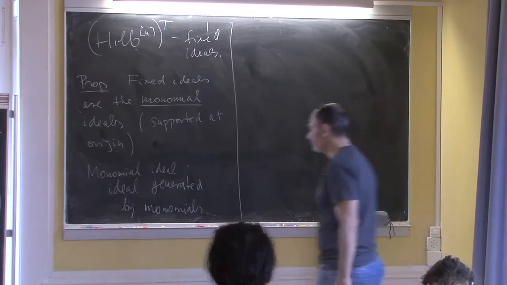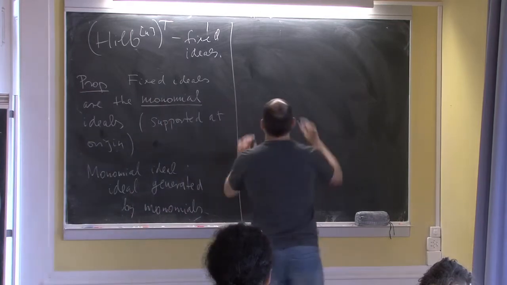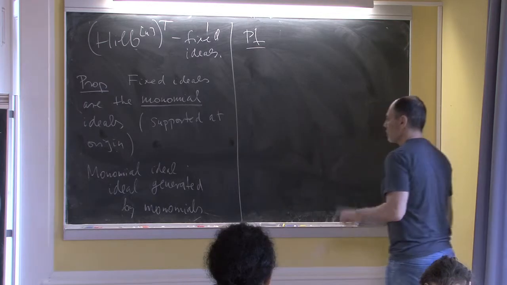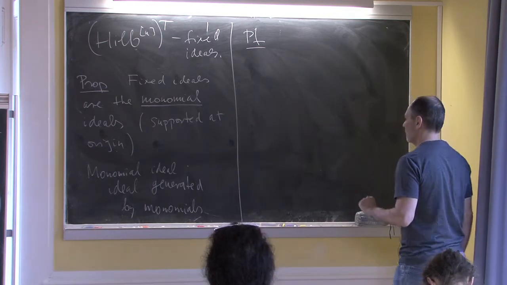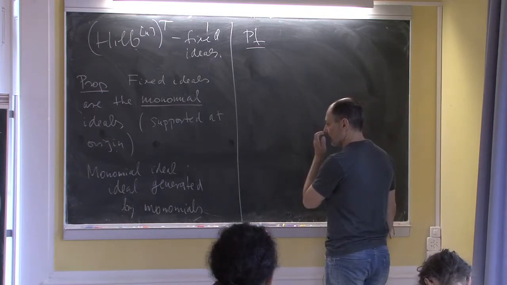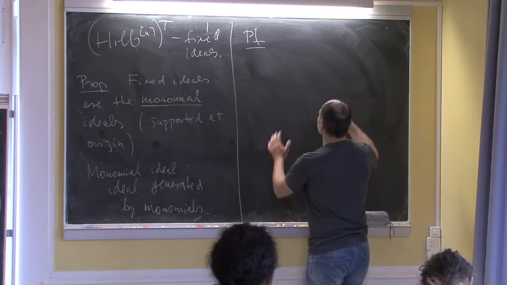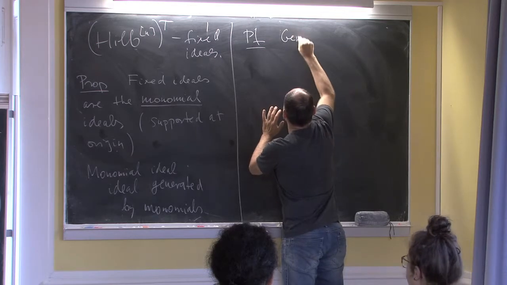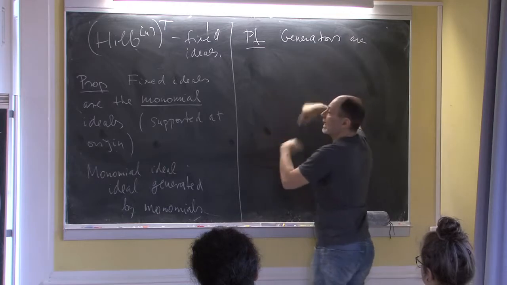And as an indication of the proof, actually, you can write down very nicely the generators of any ideal, because basically what you need to do is that the generators quite clearly are, so generators as an R module.